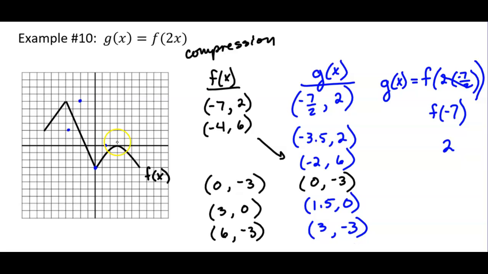So I get, let's see if it's going to be right there. So it's going up, it's going back down here, and then I've got this little kind of hill, kind of like that. And so the points get closer to the y-axis, and it's compressing in. Okay, so that's how that one worked. That one's a little tricky.